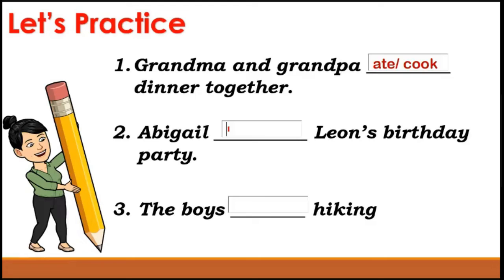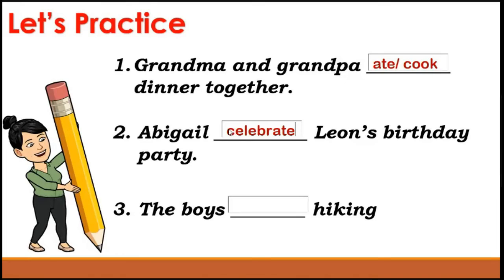Abigail blank Leon's birthday party. Celebrate, okay, celebrate. Abigail celebrate Leon's birthday party. Is this correct? Does our verb agree with our subject? Yes. Okay, how many Abigails are we talking about in this sentence?